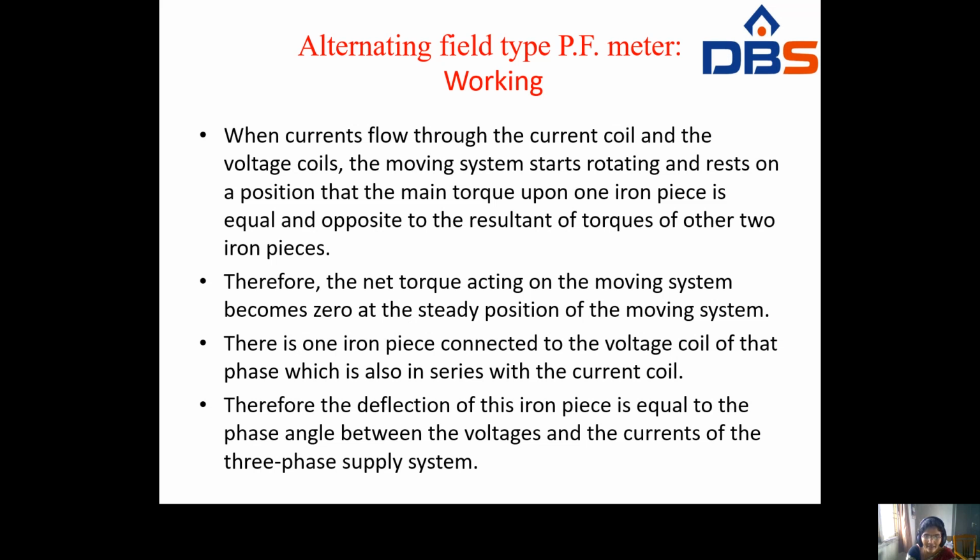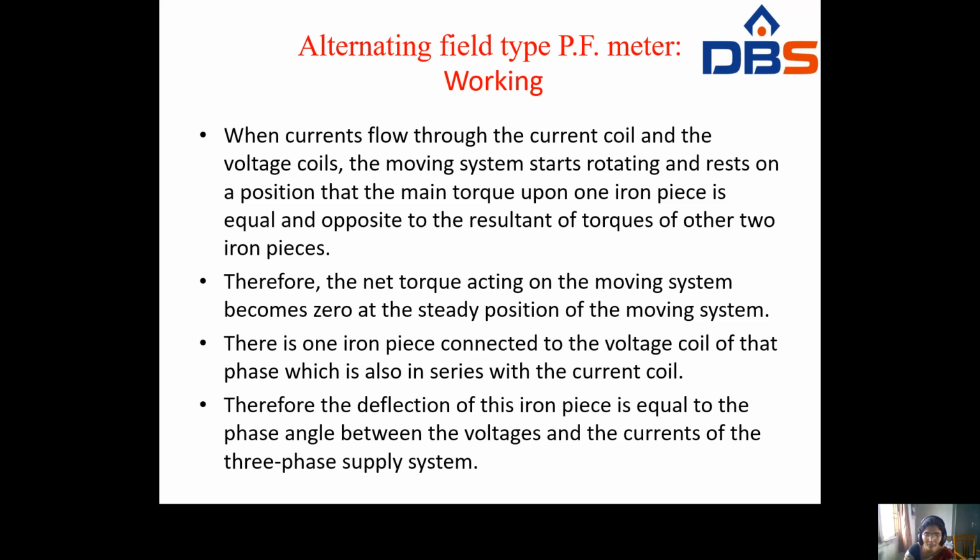There is one iron piece connected to the voltage coil of that phase, which is in series with the current coil. Whenever you connect the iron piece to the voltage coil and current coil, that iron piece will be deflected.